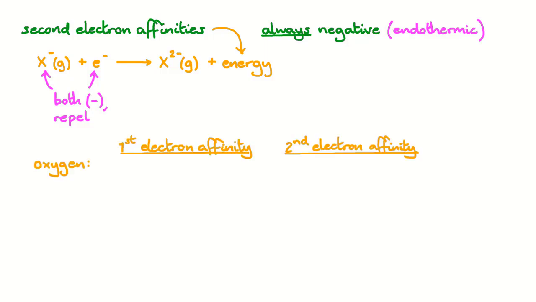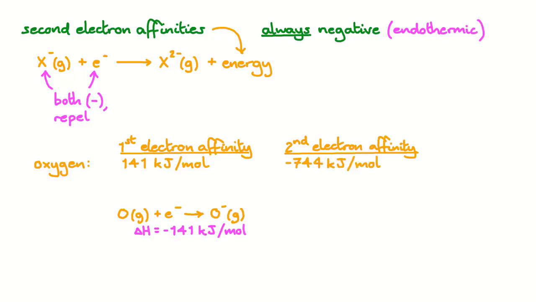We can see this with the element oxygen. The first electron affinity of oxygen is about 141 kilojoules per mole. The enthalpy change for this process is negative. We're dealing with an exothermic process. But the second electron affinity of oxygen is predicted to be about negative 744 kilojoules per mole.